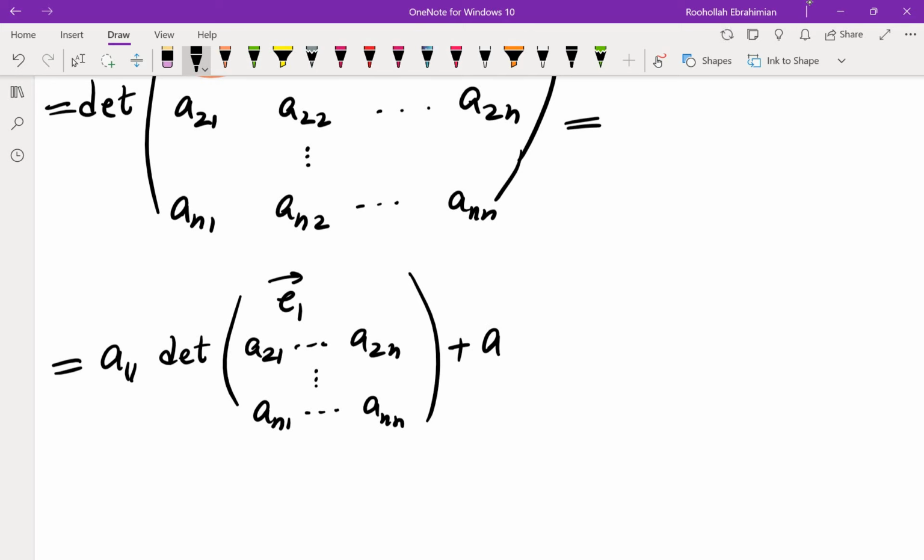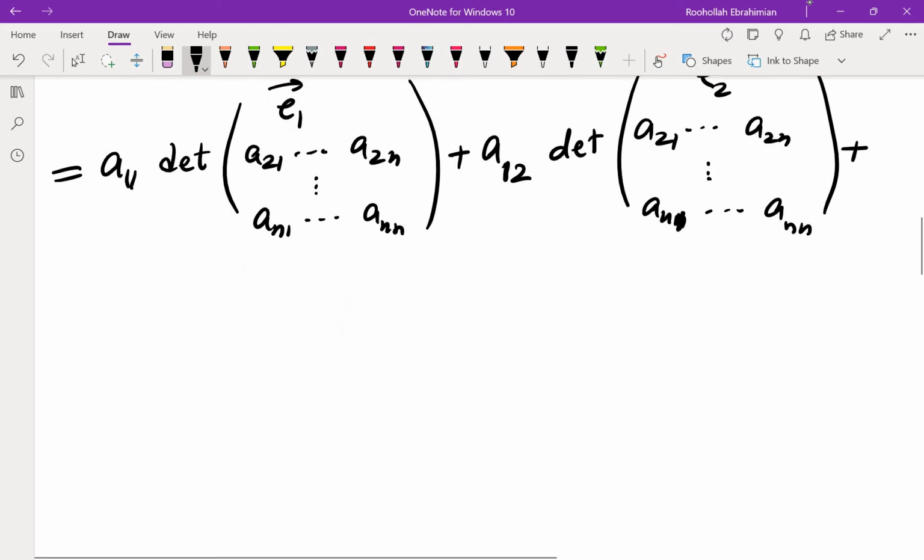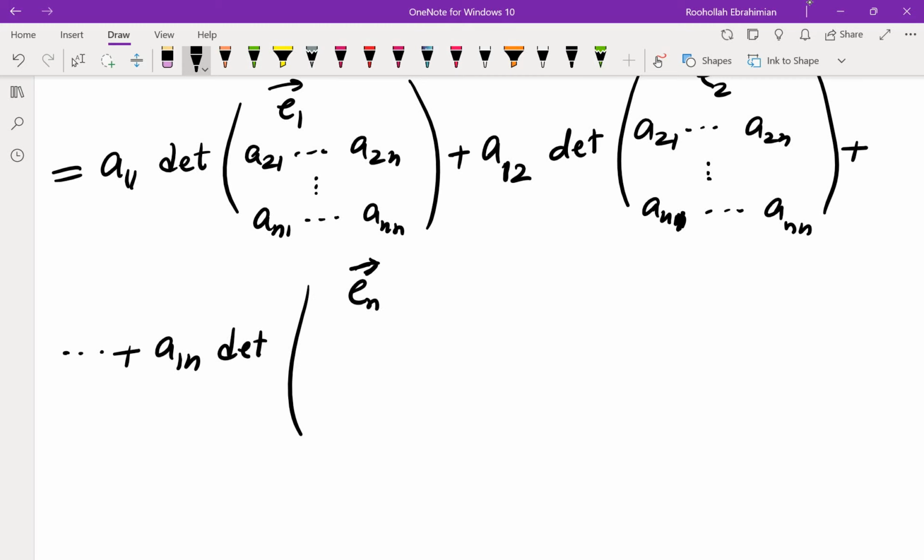And then the next one becomes A12 times the determinant of E2, with A21 all the way to A2n, down to AN1 all the way to ANN, plus, and the last one becomes A1n times the determinant of En, and then the second row A21 all the way to A2n, and the last row AN1 all the way to ANN. So this is what we get.